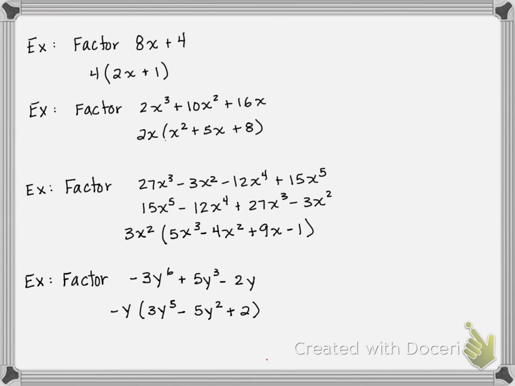The purpose of taking out that negative along with my y is that it made this first term positive. And that's our goal. In the polynomial in parentheses, the polynomial we're factoring, we always want the first term to be positive, to have a positive coefficient.